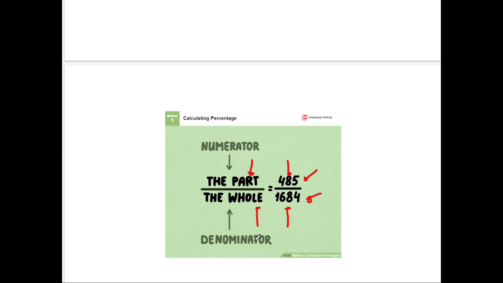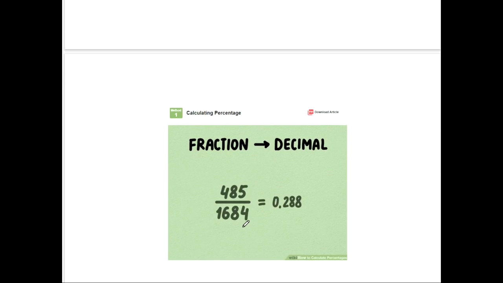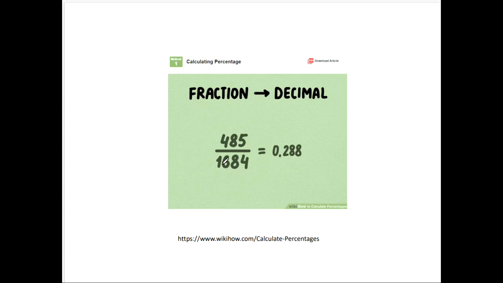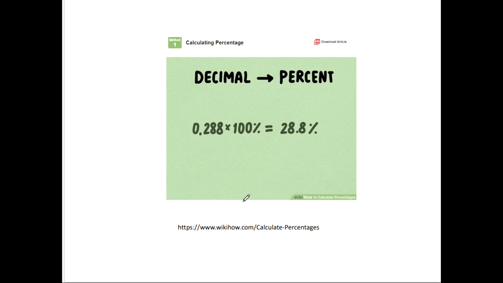The whole is the whole number of the people in the room, including the people wearing the red shirts. So 485 divided by 1684 is 0.288. Now that's just a decimal number. To get percentage, we need to multiply by 100. 28.8%. That's our decimal multiplied by 100. That's it.